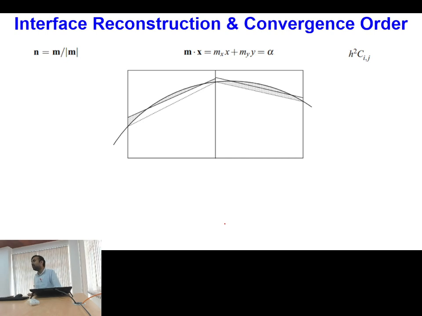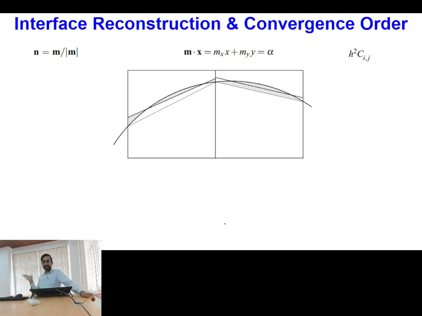To avoid that, yesterday we saw the concept of piecewise linear interface calculation, where rather than specifying a horizontal or vertical line, as in the earlier two techniques, here we present a line segment at a certain inclination.